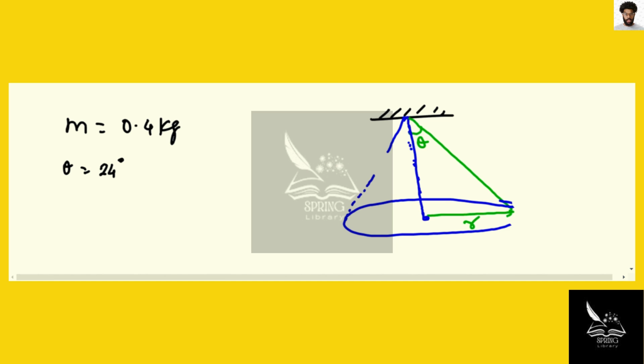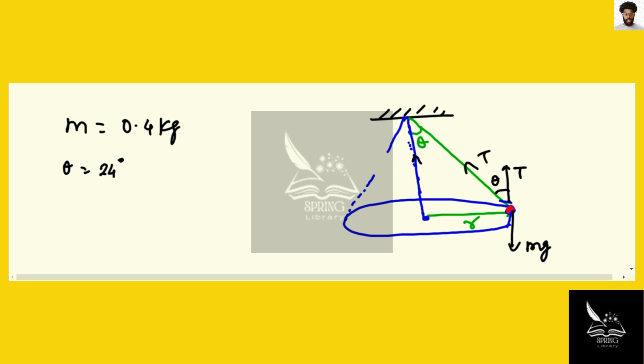let us just analyze the forces. If the mass is here, let us draw the forces. Here it will be mg vertically downward. If this is theta, this will be the tension. This has to be angle theta, because this is parallel to the vertical, and this will be the alternate angle.